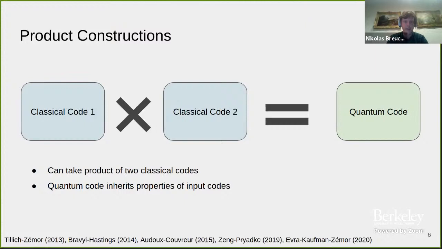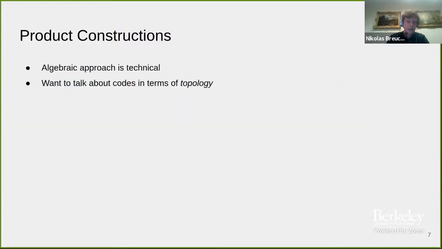And this goes under different names. So I will call this essentially the tensor product of two classical codes. The algebraic approach is quite technical, and I try to avoid this in the interest of time and not having to introduce too many notions. So I will talk about this in terms of topology, and I hope then the results will be intuitive.